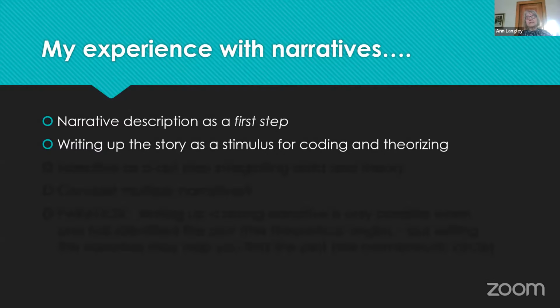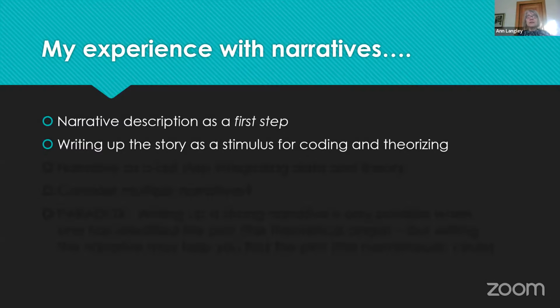And that story becomes like a secondary database for the rest. It's a way just to get started. And as you write this narrative, it becomes the stimulus for the coding that you're going to be developing. So that can be one way to use it.